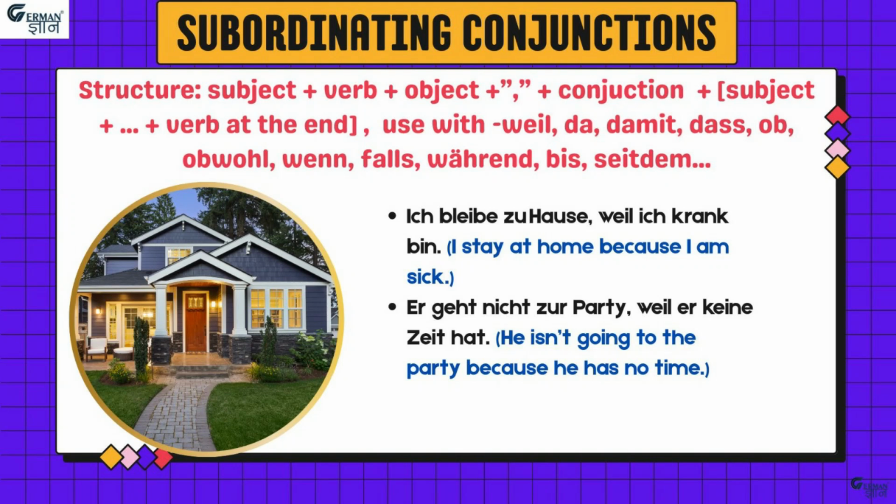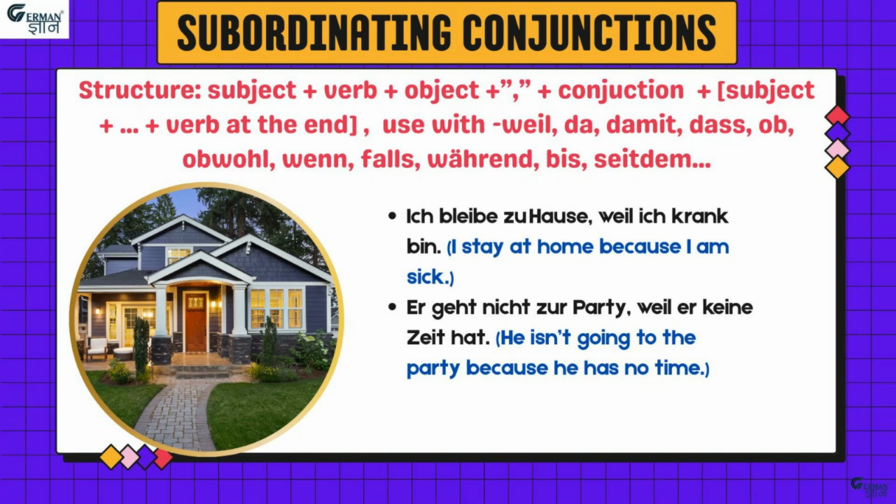As you can see in this sentence, the first sentence, ich bleibe zu Hause, is a main clause and the verb is at the second place. Now here comes the connector and then the sentence is ich krank bin. Because this is a subordinate clause, your verb is at the end, which is bin. So like this you have to follow the sentence structure.